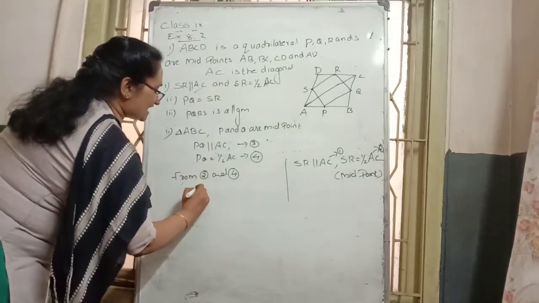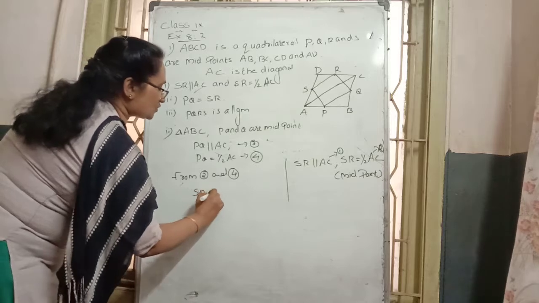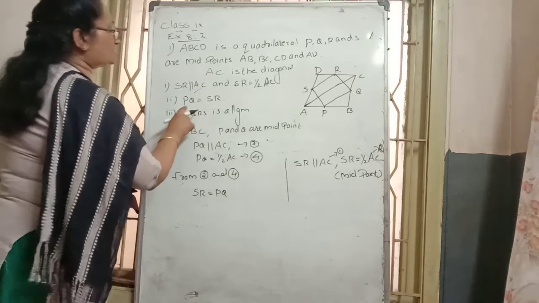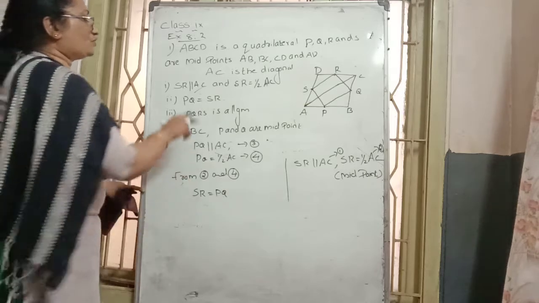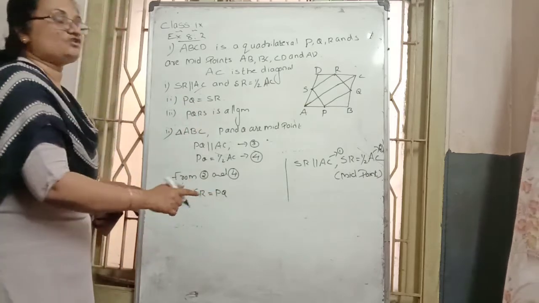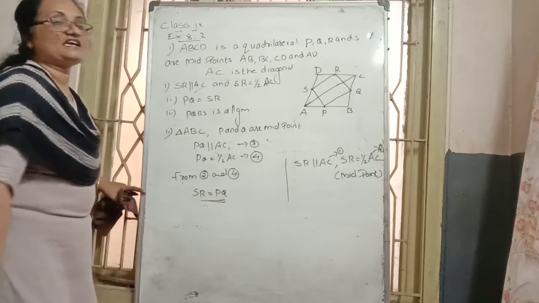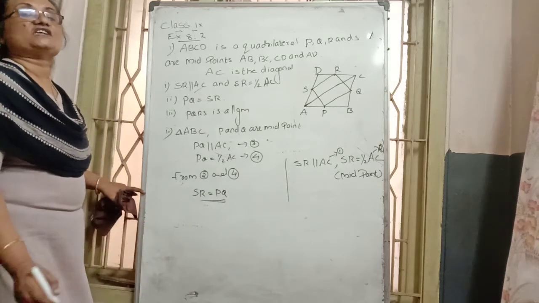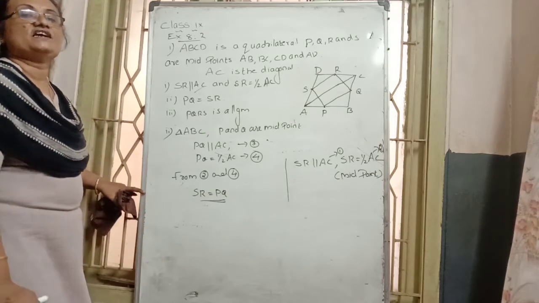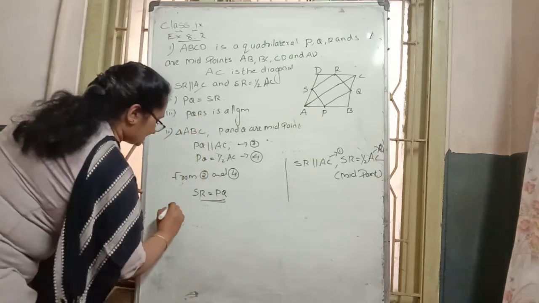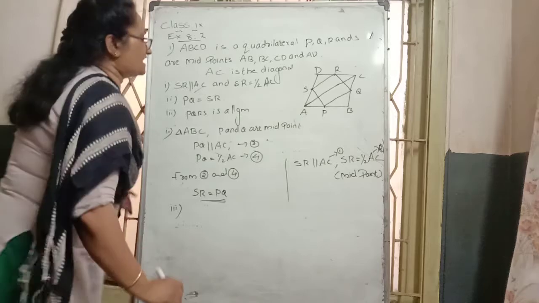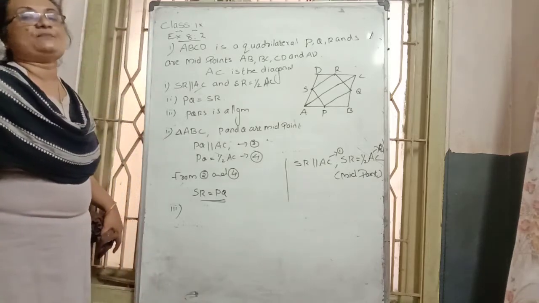That's why SR is equal to PQ. Hence we proved the second part, that PQ and SR are equal. Both are equal to half of AC.